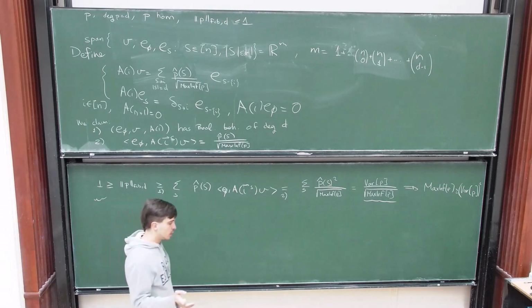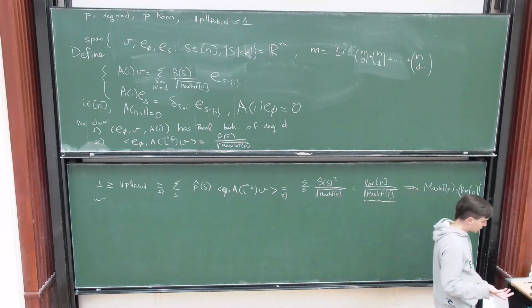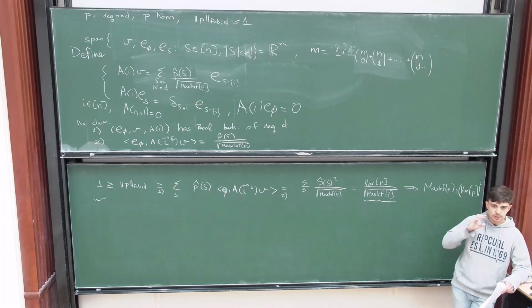For example, if you want to compare the infinity norm of a polynomial and the infinity norm of its degree D level or degree T level, then you have quite a discrepancy. It can be even exponential.